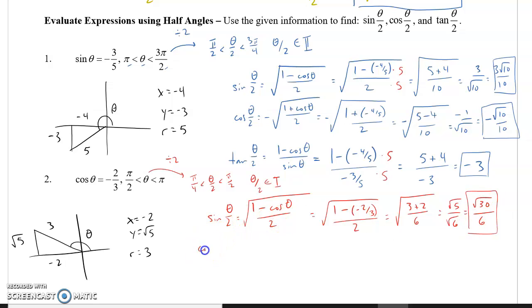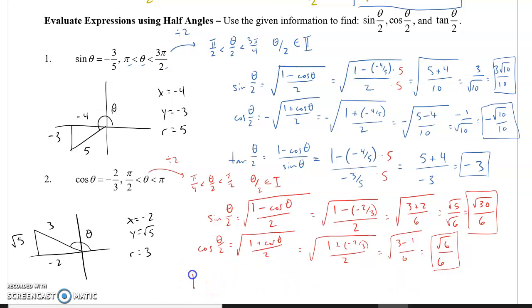All right, cruising along. We got cosine of theta over 2 is, again, positive because we're in quadrant 1. So this is going to be the same thing except with a plus there. So that's going to be the same thing except for a minus there. So the square root of 1/6, which is root 6 over 6.